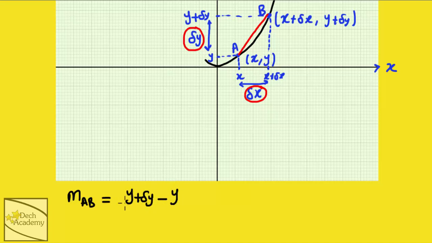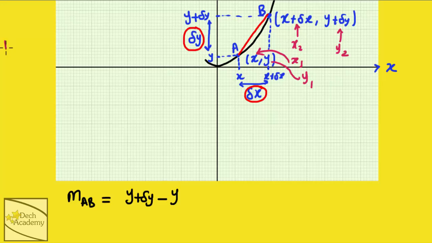So this is the change in y. So this is essentially y2 and this is y1. So I'll just make it clear. This is y2 and y here is y1. This is x2, so this is x1, and this is y1.